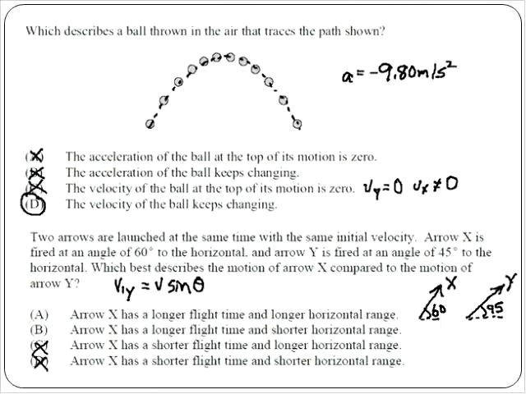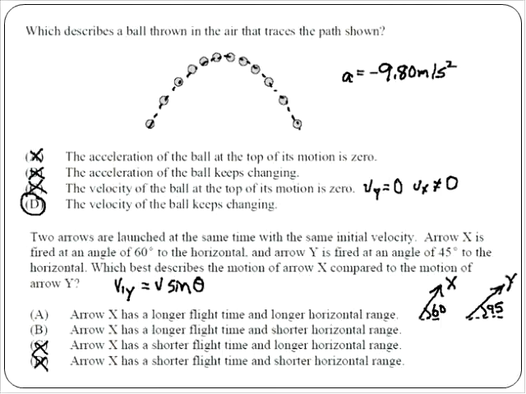However, what about the range? Well, the range, remember, depends on two things. The range depends on the time. Well, we already said the time for arrow X was a bit longer. But it also depends on the horizontal velocity. Now, the horizontal velocity is calculated using cosine. And the thing about cosine is, as the angle gets bigger, cosine gets smaller.